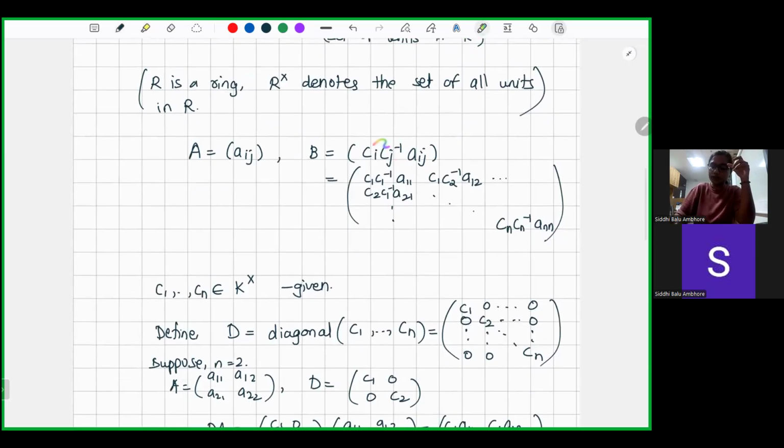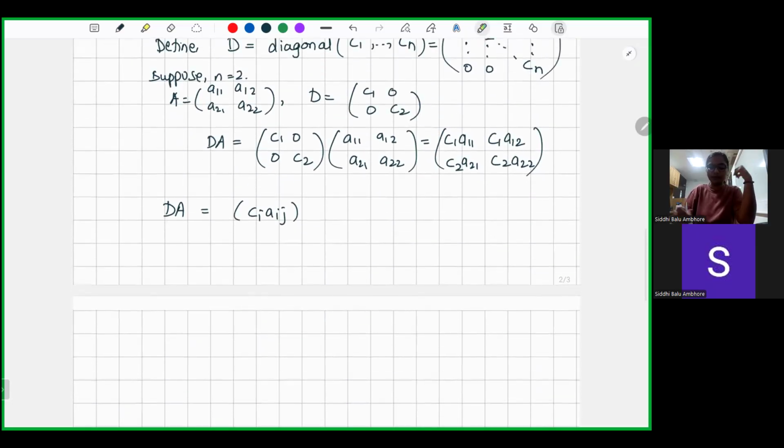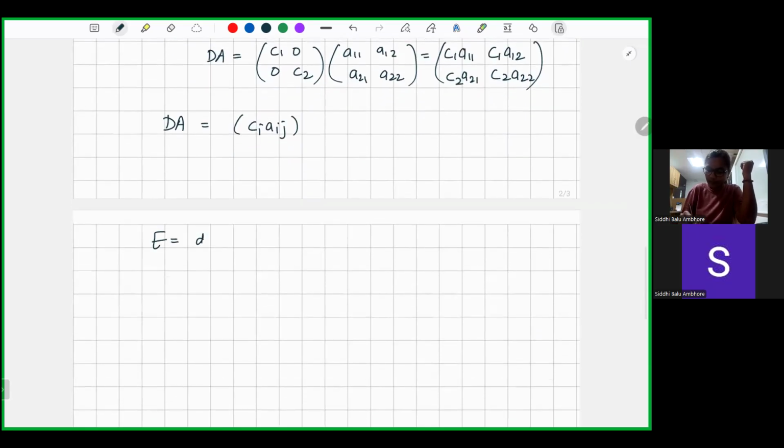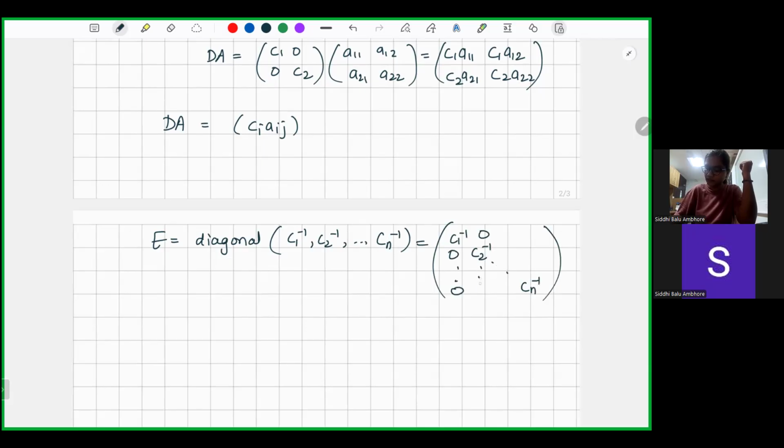We got hold of this Ci and Aij, and now I want Cj inverse. So what I will do is define this new matrix E. This is again a diagonal matrix of C1 inverse, C2 inverse, ..., Cn inverse. It is of this form: C1 inverse, C2 inverse, and Cn inverse on the diagonal, and all the rest of the entries are 0.